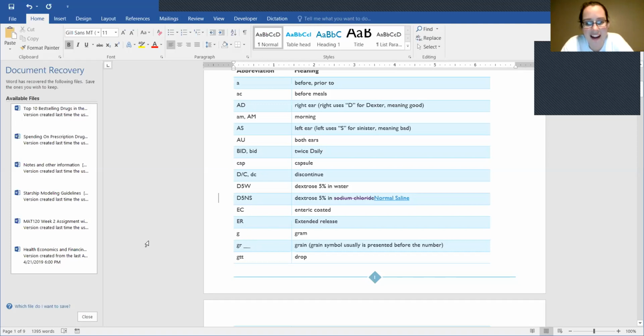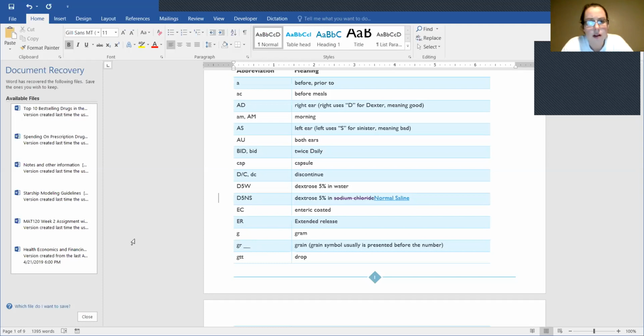So the other one to remember, an important one starting with G, is drops, GTT. We use that mostly for ophthalmic and otic, the ear.